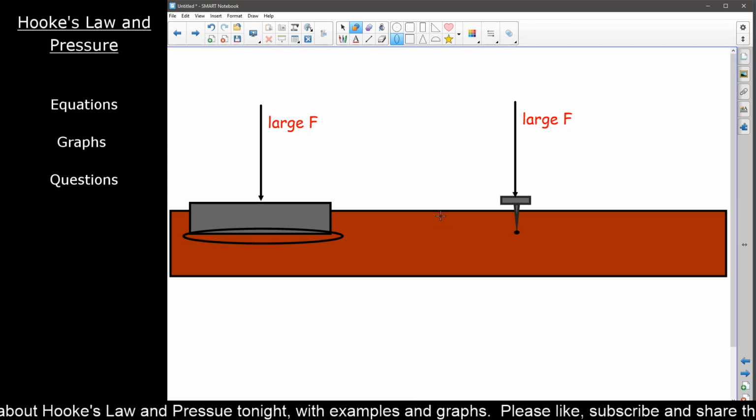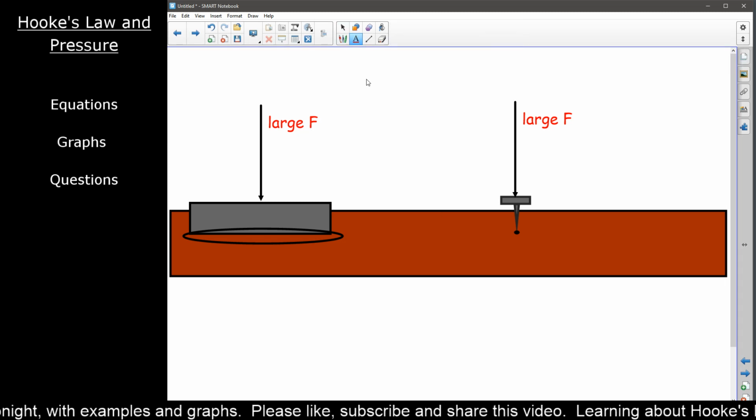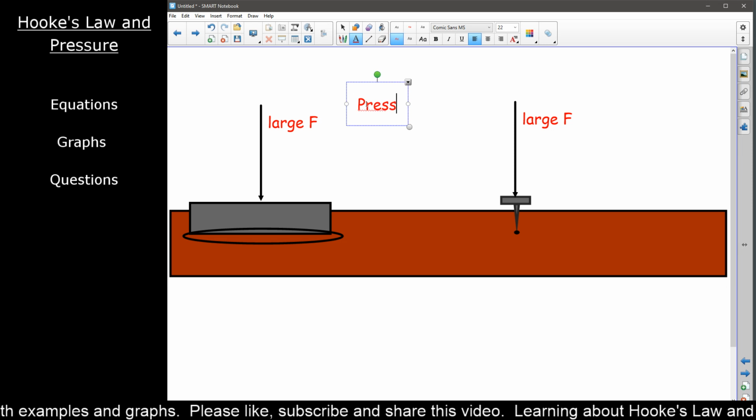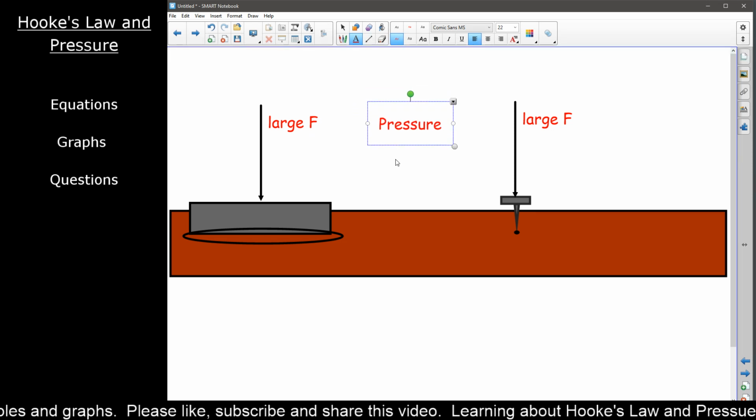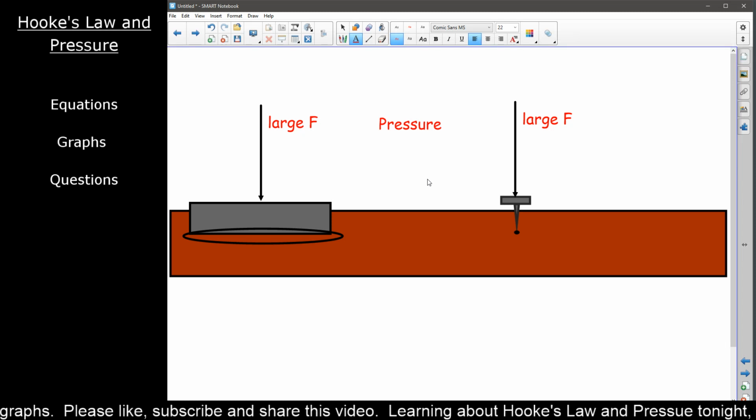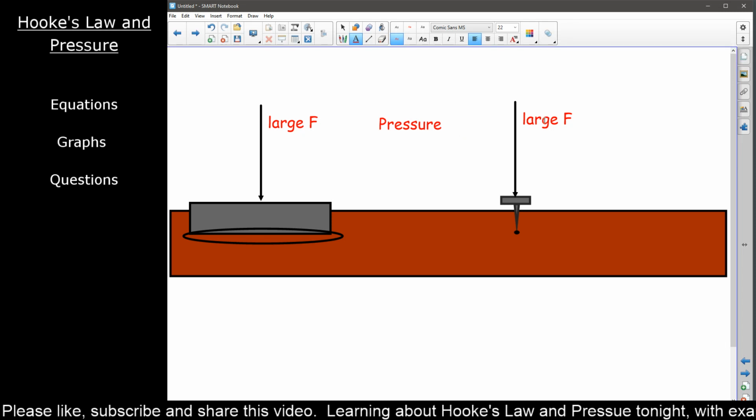And this idea that when you have forces concentrated at a point they can puncture through things, that they have a different effect on them, this effect is pressure.